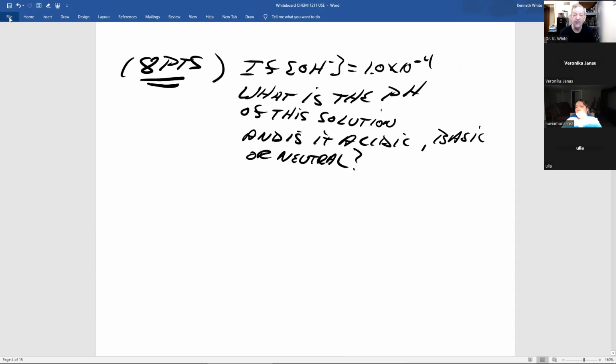So let's look at this. 8 points. If the hydroxide concentration, OH minus concentration, equals 1.0 times 10 to the minus 4th, what is the pH of the solution? And is it acidic, basic, or neutral? So what are we trying to find? pH. What are we given?